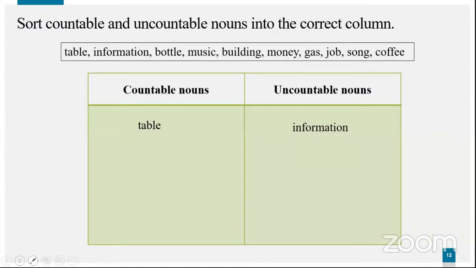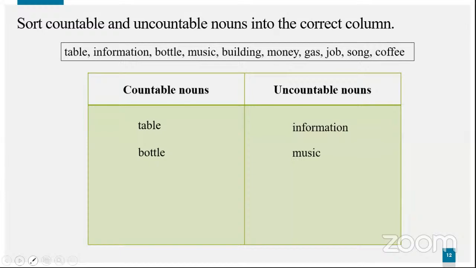Next one, bottle. It's a countable thing. We can count the bottles. So it's a countable noun. Next one, music, right? We know we can't count it, right? We can't count music. So it's an uncountable noun.